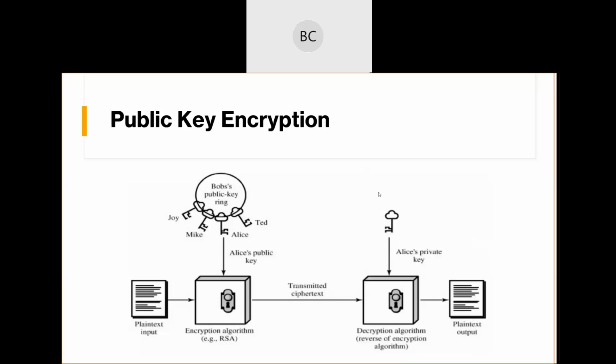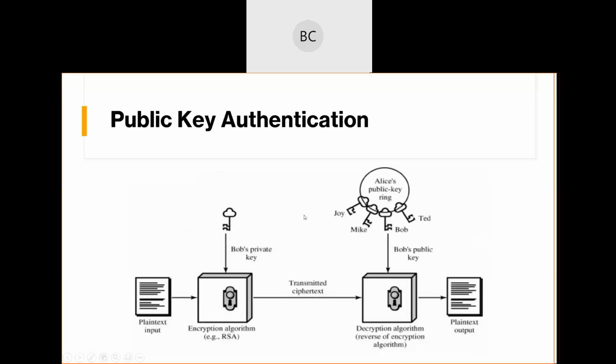So what does this mean? It's just simple encryption, right? Now the other part also helps in authentication. Why is it authentication? Bob is using his private key to convert the message into ciphertext, and for decryption, Bob's public key is used.